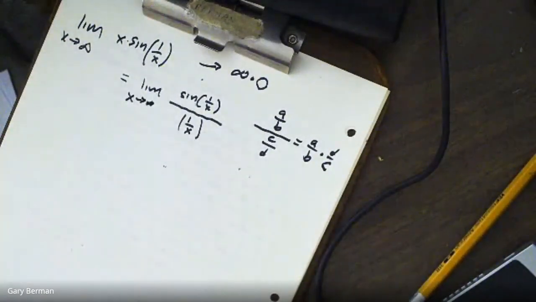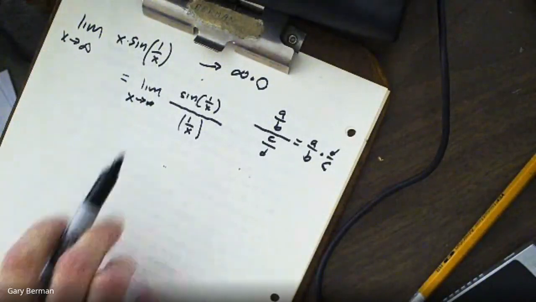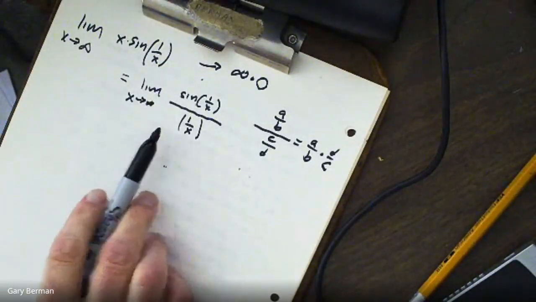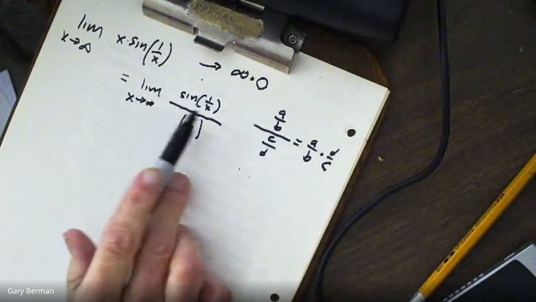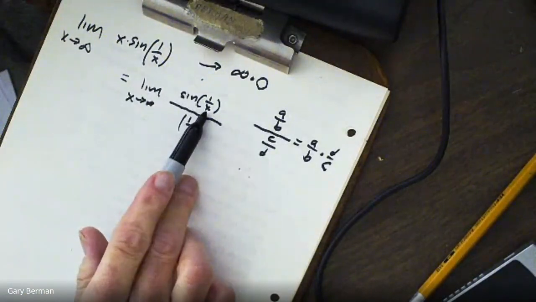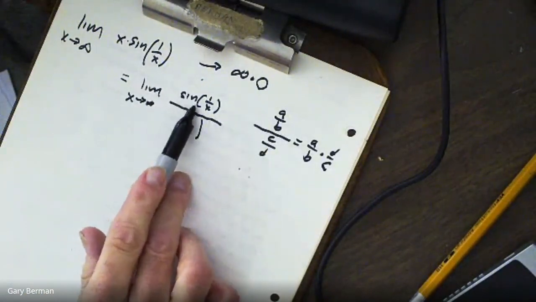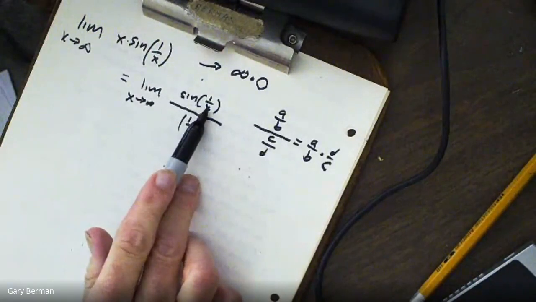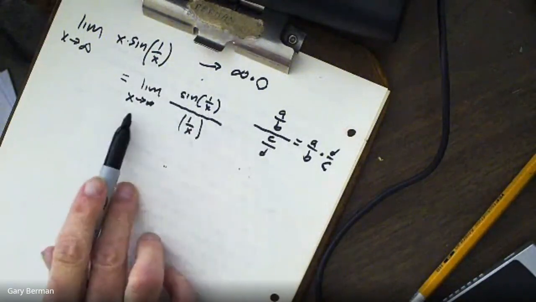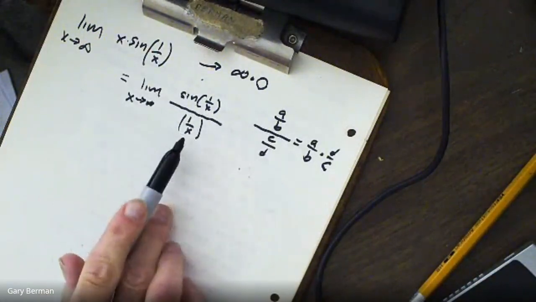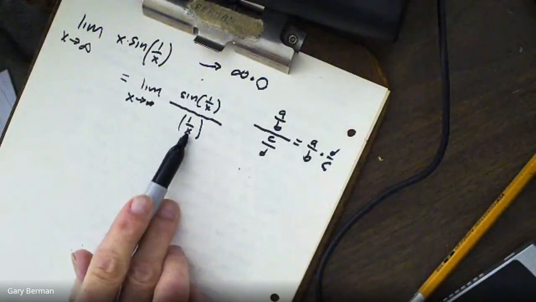Now let's think through again what's happening. As x goes to infinity, 1 over x here is going to 0. So on the top, we have the sine basically going to 0, the sine of 0. On the bottom, as x goes to infinity, 1 over x is also going to 0.